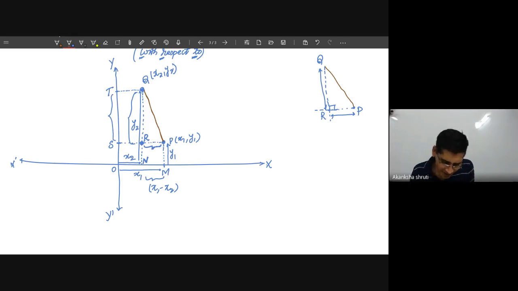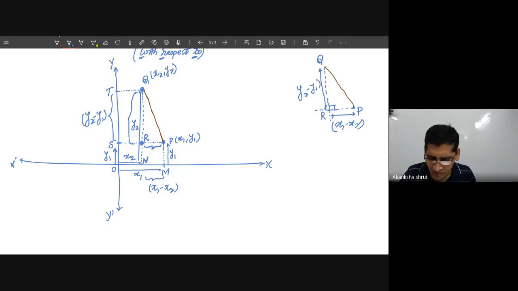Now observe carefully. Here y1 is up to this one, and y2 is up to this one. So it becomes y2 minus y1. Therefore I can write here it is x1 minus x2, and this as y2 minus y1.